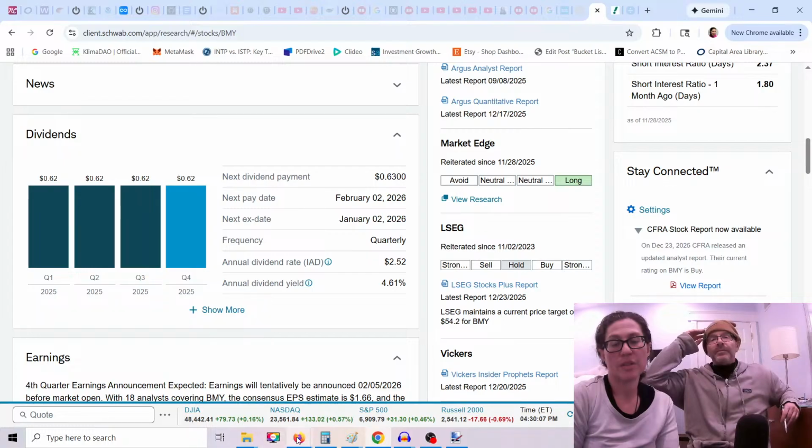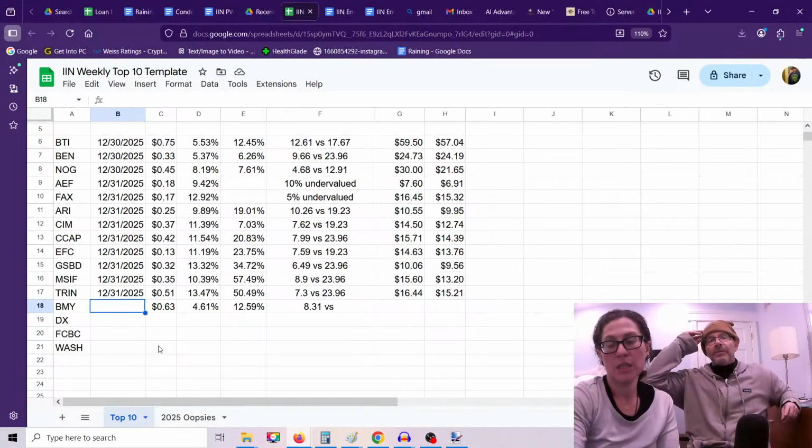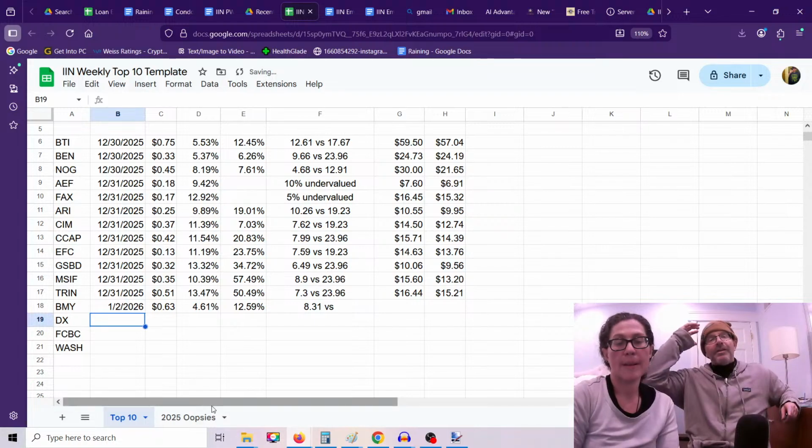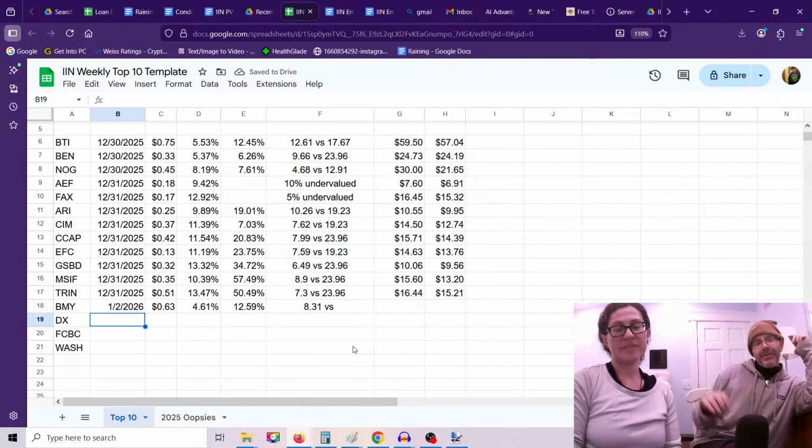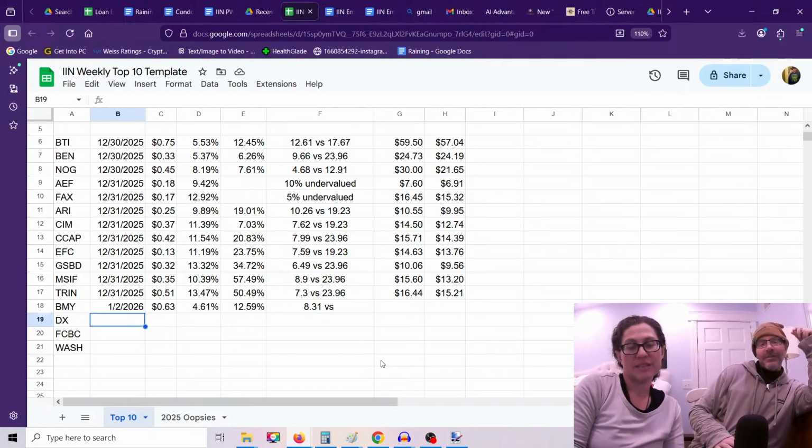Ex-dividend date, so it's January 2nd. Ooh, we got a different date in here. When you type 1, 2, it goes to 2026. What do you mean it goes up? I have it set so it autofills, but it doesn't autofill anymore once you get to 26. What the hell are you talking about? If you type 1 2, it fills in 1 2 2025.